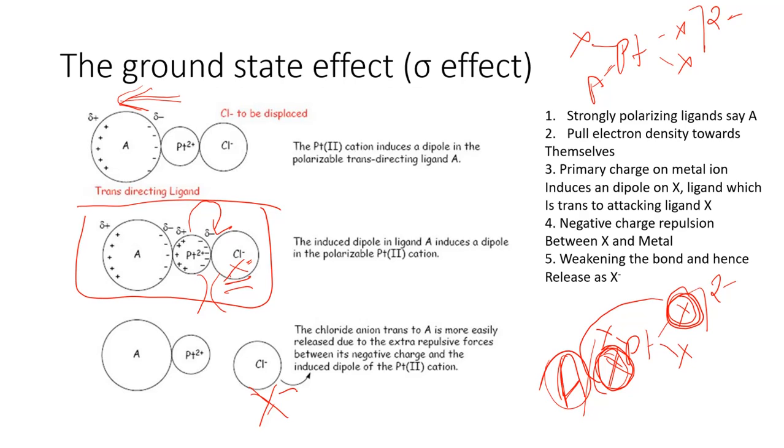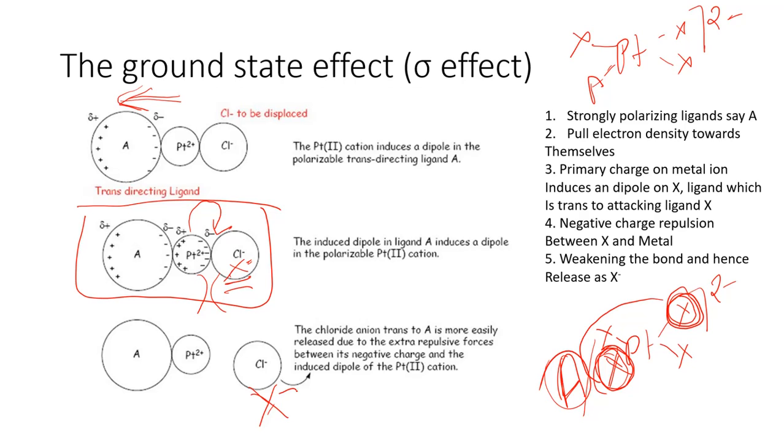So overall the ground state effect, or the sigma effect, can be summarized as follows. When a strong polarizing ligand is attacking, for example a symmetric complex like PtX4 2 minus, one of the X ligands has been replaced by the L ligand. Suppose L is a highly polarizing ligand, then it would pull the electron density towards itself from the central metal ion.